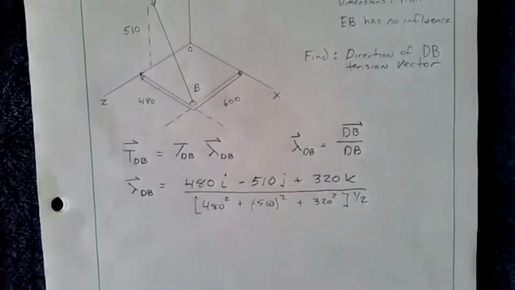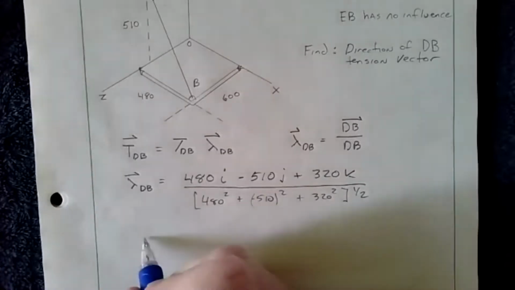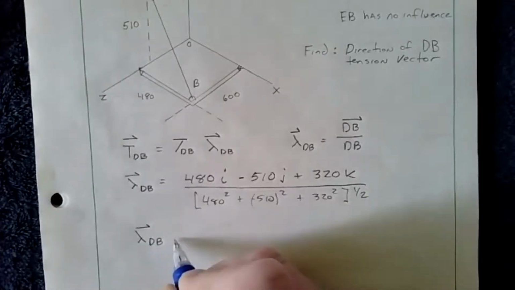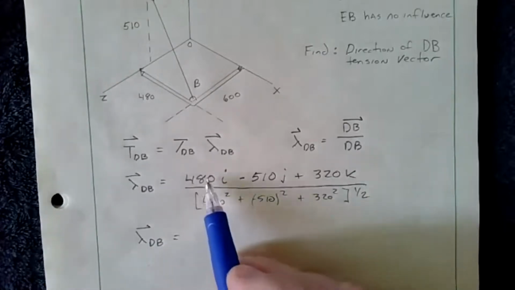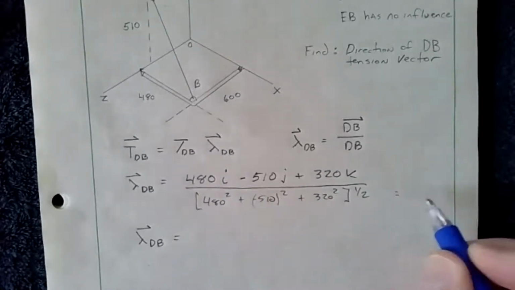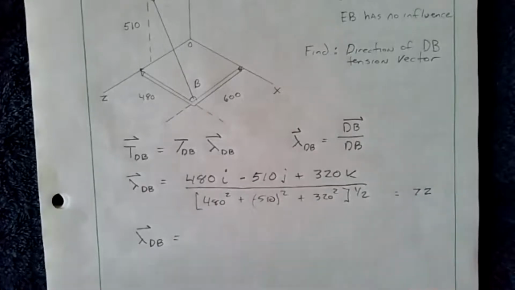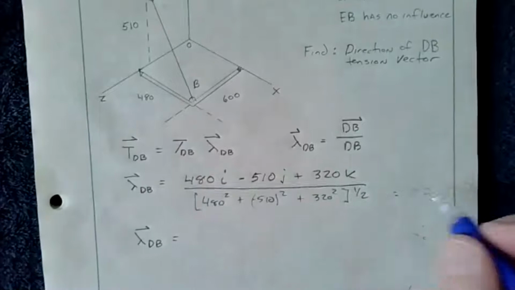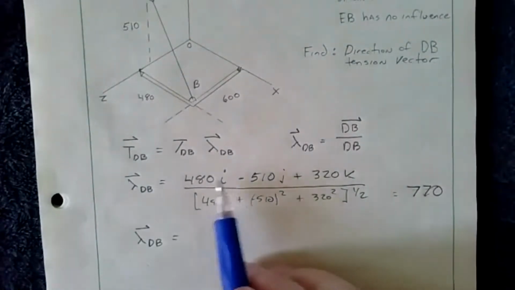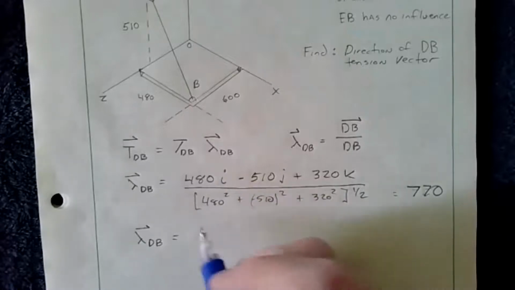And if we do that and simplify, we get lambda dB, and this is a matter of preference. You can either leave it as a fraction, as 480 over whatever this number is. This number actually turns out to be 770. So you can just write 480 over 770 i if you like that, or you can just write it as a decimal.